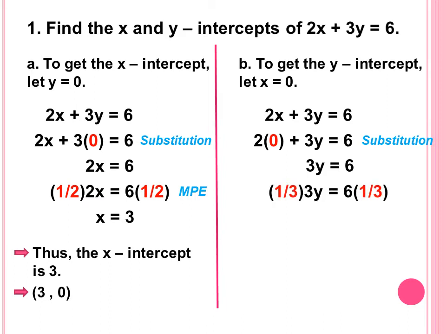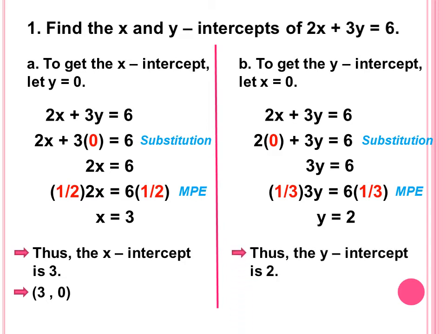This will be 1/3 times 3y is equal to 6 times 1/3. That is by MPE. So simplifying this, it will be y is equal to 2. Thus, the y-intercept is 2. And if we are going to look at it in the Cartesian plane, the coordinates are (0, 2).